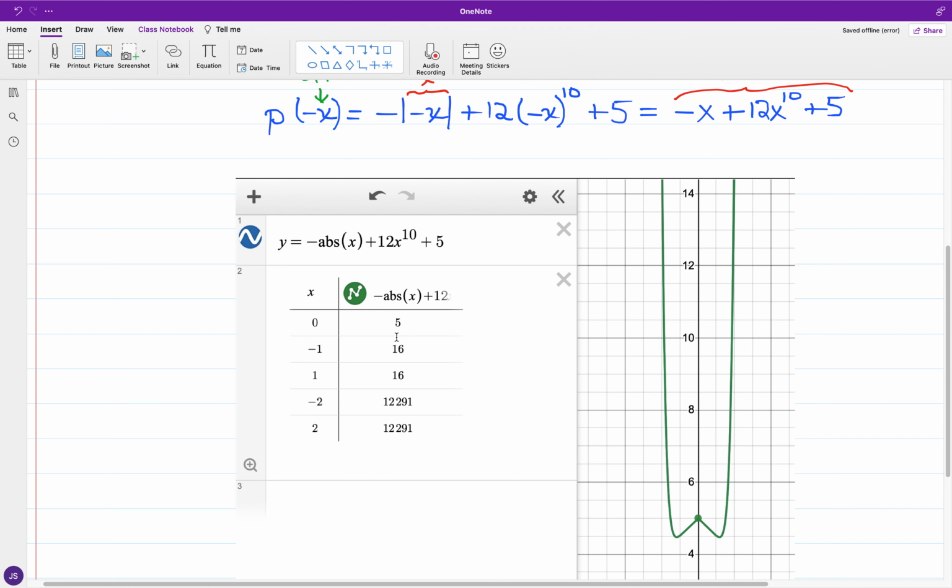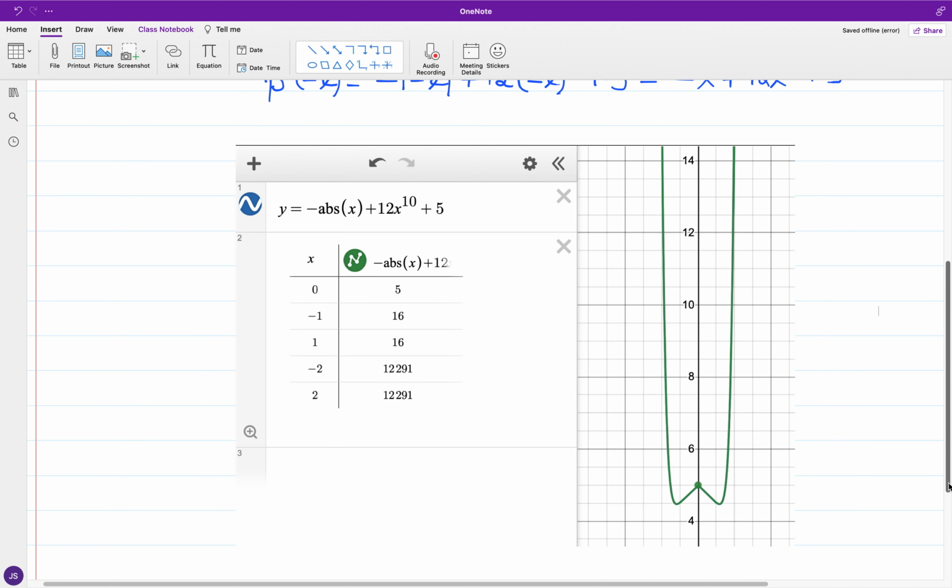Once you stray away from x equals 0, going one place to the left and one place to the right, at -1 and 1, the output values will be 16 and 16. If I go out to -2 and 2, we get the same y values, and on both sides of the y-axis you have two halves mirroring each other. For the same x value you have the same level at y, and so this is the case of an even function.